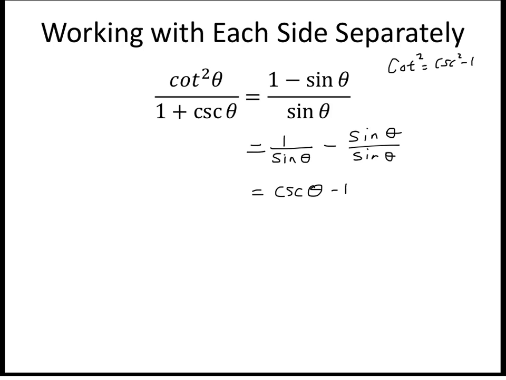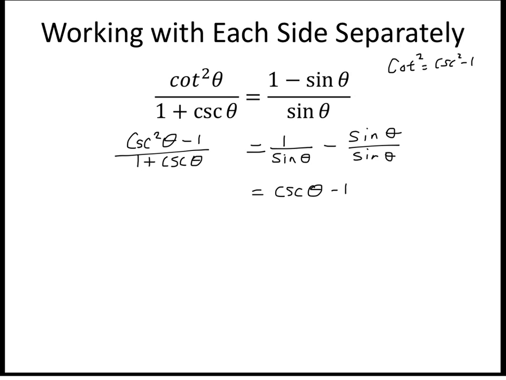So I'm going to turn this cotangent squared into cosecant squared theta minus 1 over 1 plus cosecant theta. So now we're looking at something that has everything in terms of cosecants, so I can probably work with this.